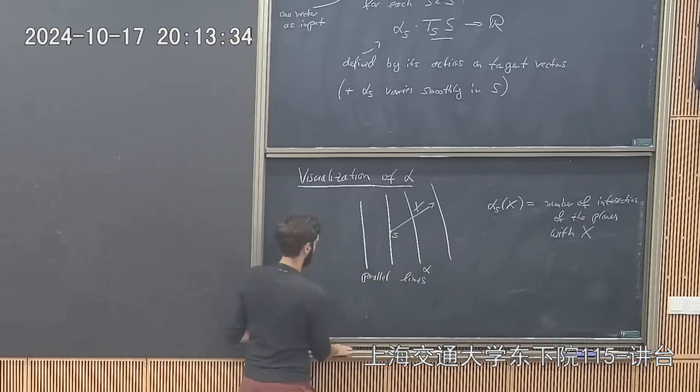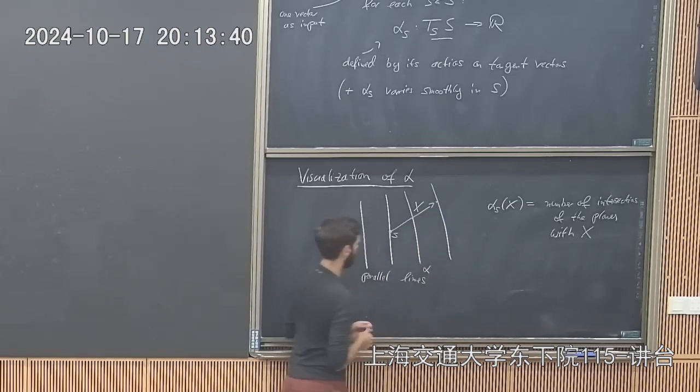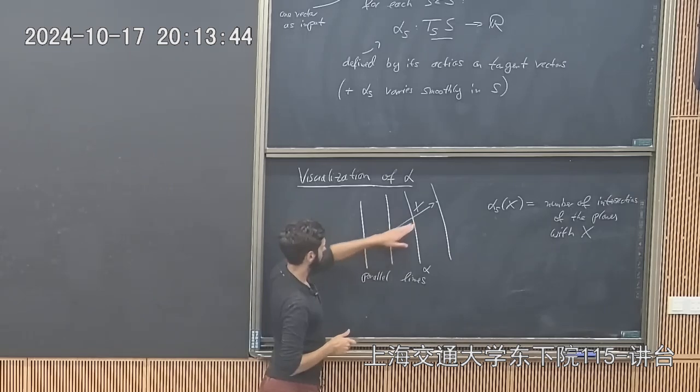So in this case here we have, say, 1 and then 2. So in this case alpha_s of x would be 2.